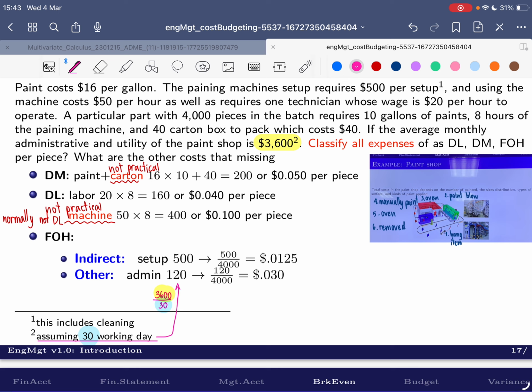And this is the reason why an engineer who understands the process is in a good position to do this kind of thing, because depending on what you want to analyze, you're going to change the situation and change the cost depending on what you want to do.